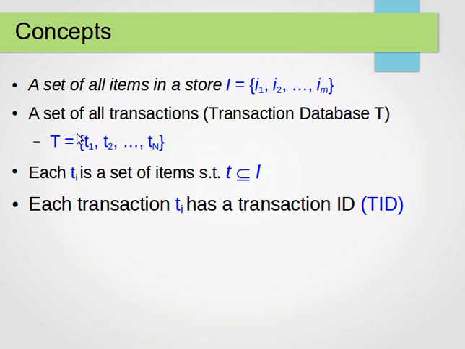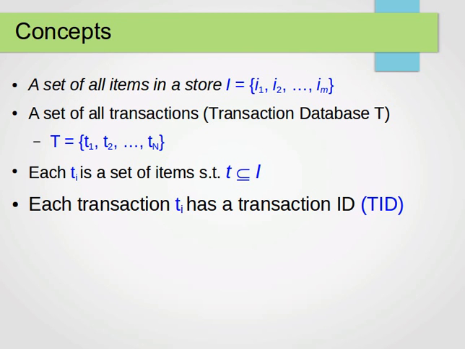Capital T equals a set of T1, T2, all the way to Tn. So we have n transactions, and each of these transactions has one or more items of the set I. So each transaction is a set such that its contents are a subset of I, of all the items. And each transaction is usually given a transaction ID, a TID, as you see here.